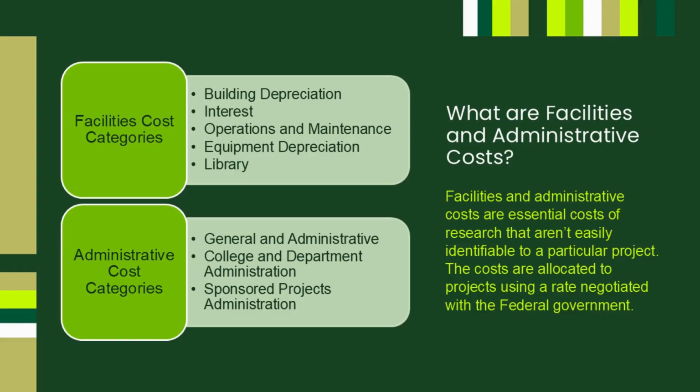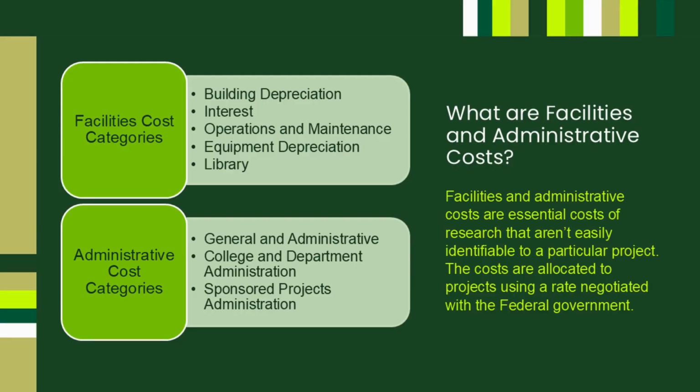So that's all the facilities cost, the cost of repairing things, keeping things clean and safe, and the cost of utilities goes into O&M. Equipment that we use in research, the fair shares of that go into the depreciation of equipment that's acquired, and the cost of the library gets allocated, and we'll see how that process works.